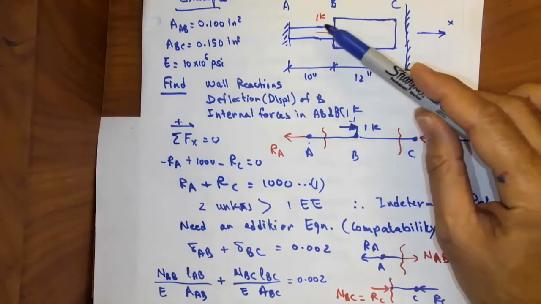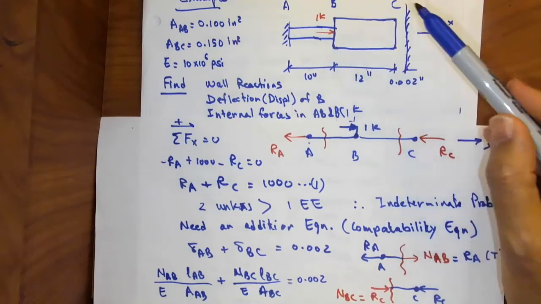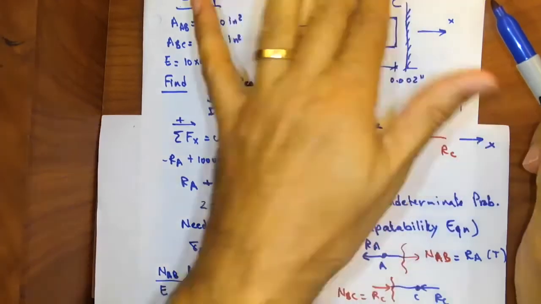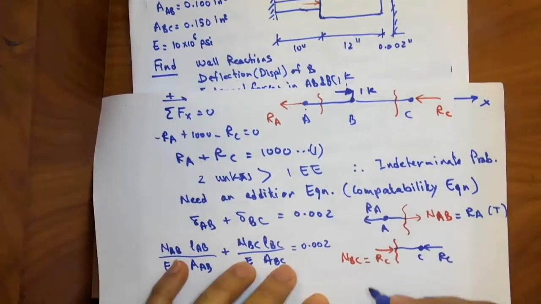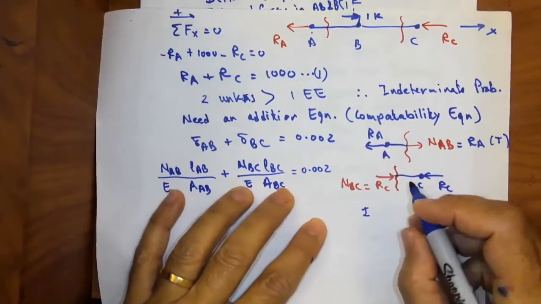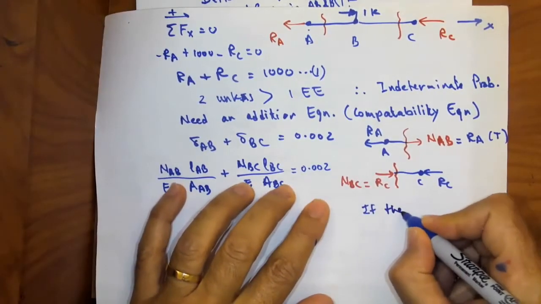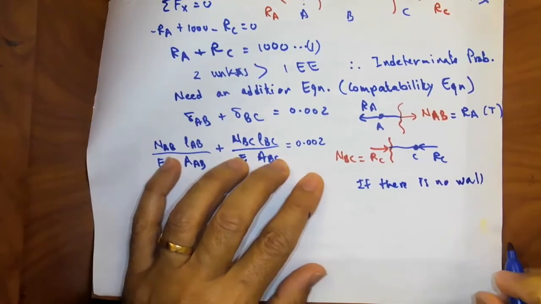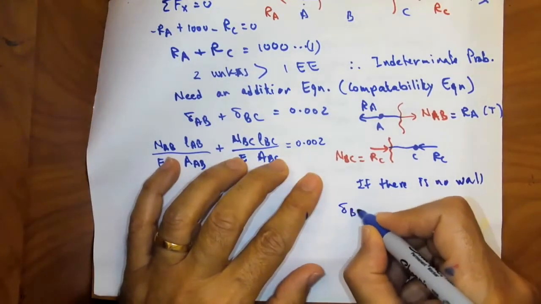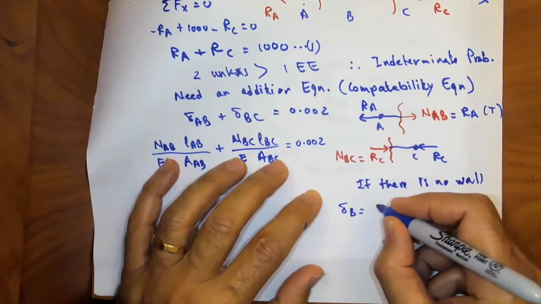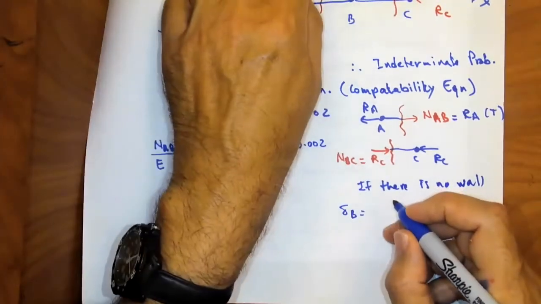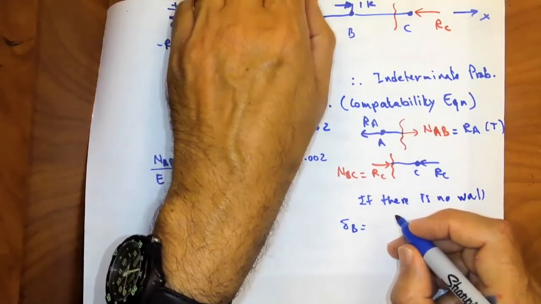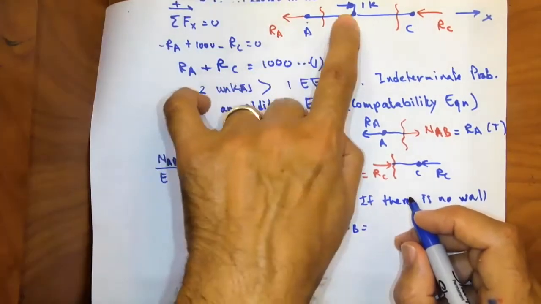So can I calculate the elongation of AB pretending that the wall does not exist? What is that going to be? So if there is no wall, delta B is going to be equal to the 1,000 pound going entirely into AB, because RA is going to be equal to 1,000.